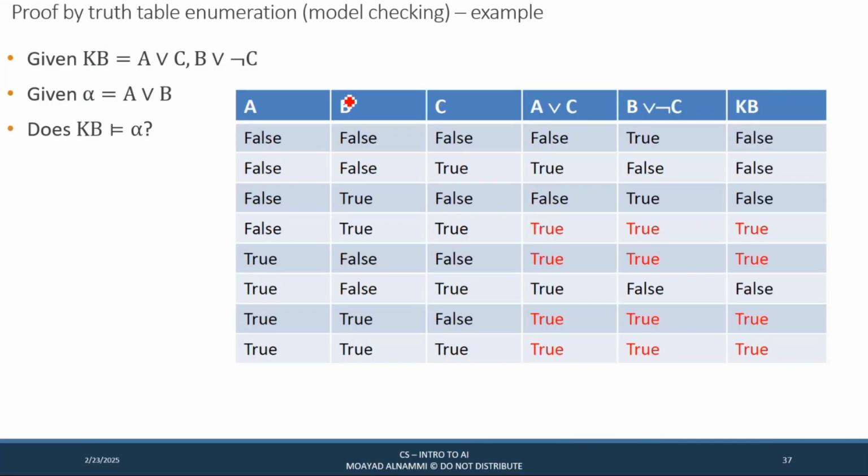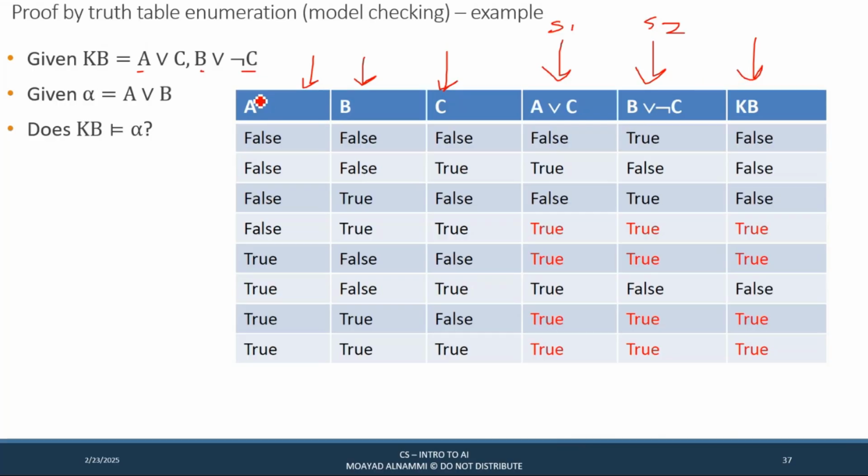So this is the truth table. The truth table contains a column for every possible symbol in your knowledge base. If you look at our knowledge base and the query, there are three symbols, A, B, and C. It also contains a column for the sentences in your knowledge base. So this is sentence 1, this is sentence 2. And it contains a column for your knowledge base.